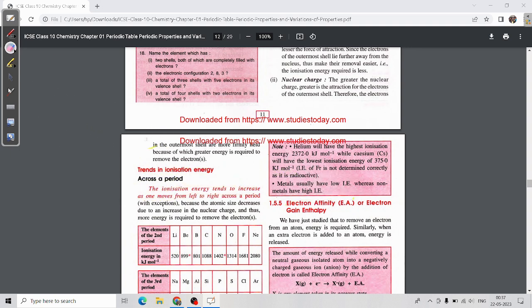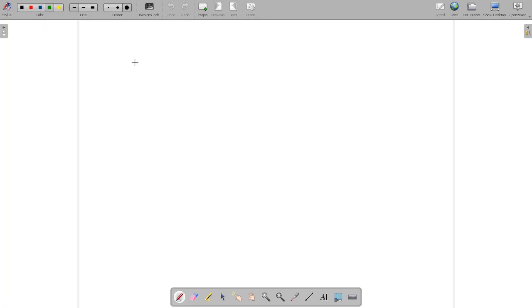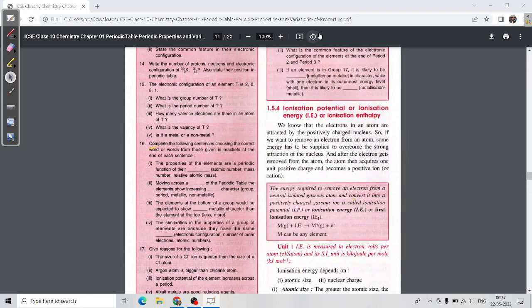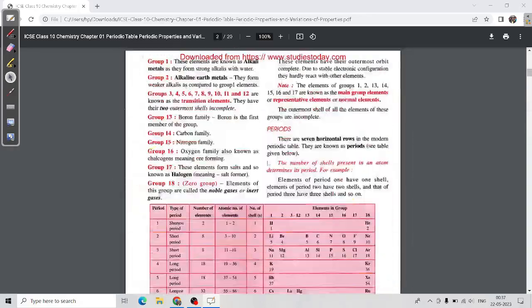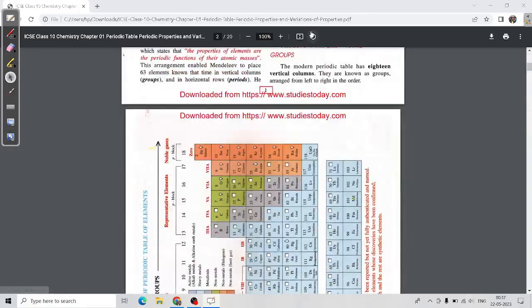I will take the periodic table photo so you can understand it completely. Just wait, I will take two minutes, not more.